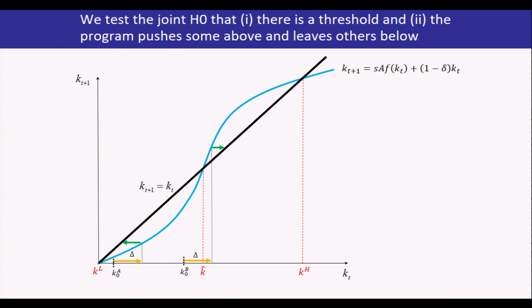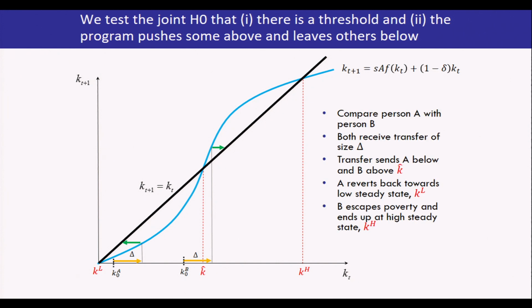Notice that the yellow delta is not enough to push A past the threshold, but it is enough to push B past the threshold. So what will happen if the world looks like this is that A will return to the low steady state, and B will go past the threshold and escape poverty.